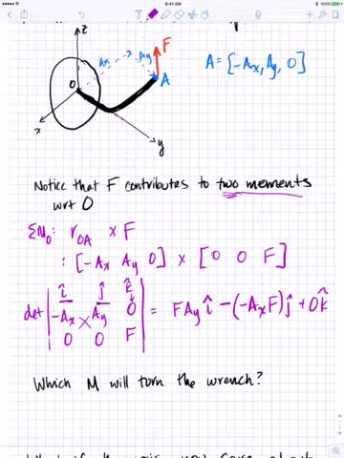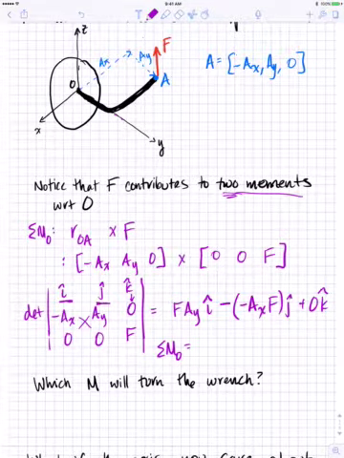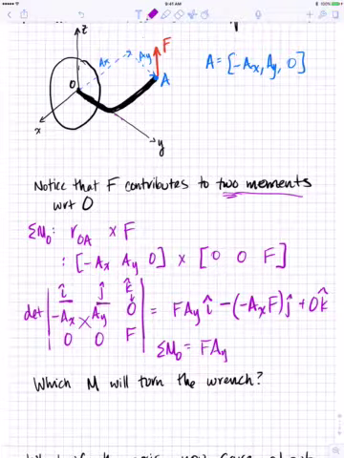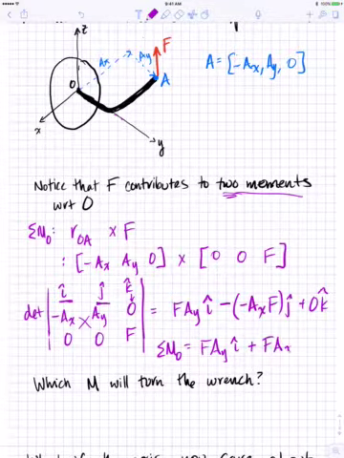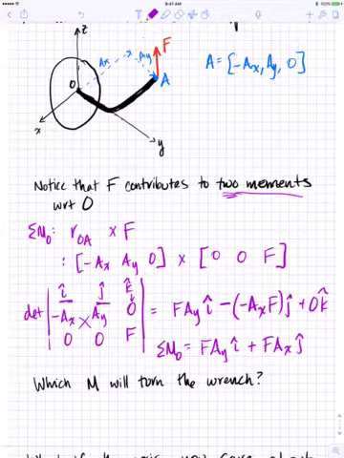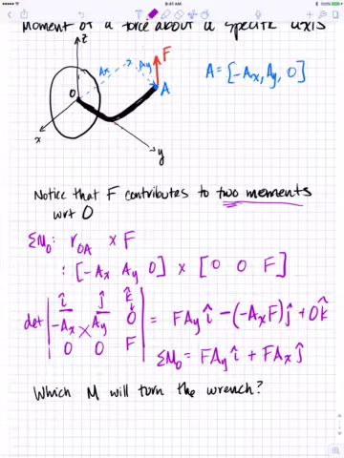So this is where those two components come from. So the sum of the moments with respect to O is equal to F AY I hat plus F AX J hat. So the question is, in this problem, which moment component will actually turn the wrench?